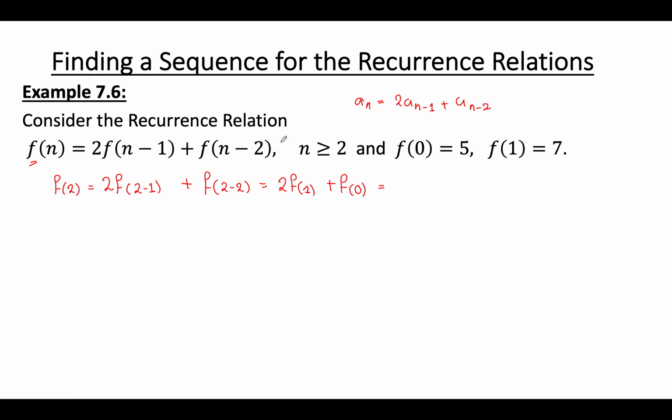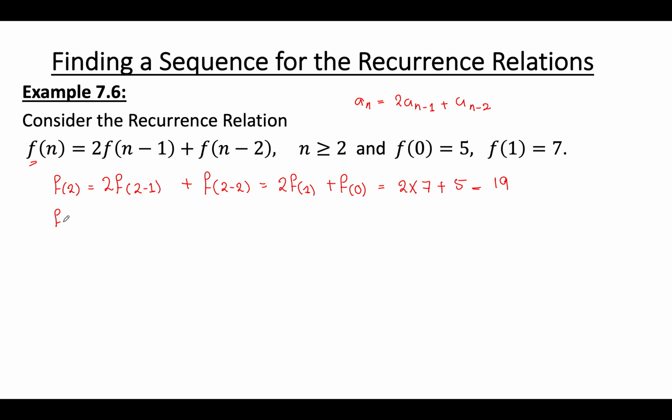From the head of my question, we can see that f(1) is equal to 7. So we have 2 times 7 plus f(0), which is 5. So this is equal to 19.